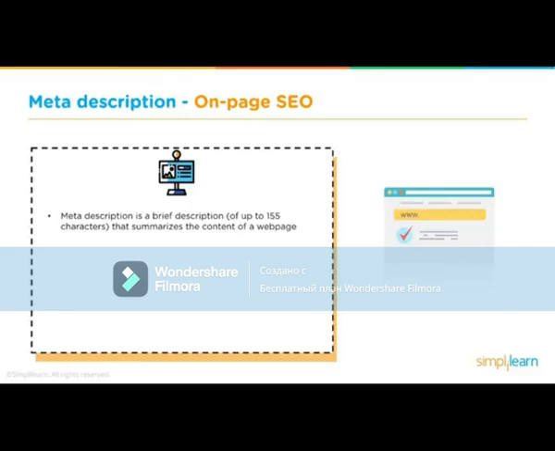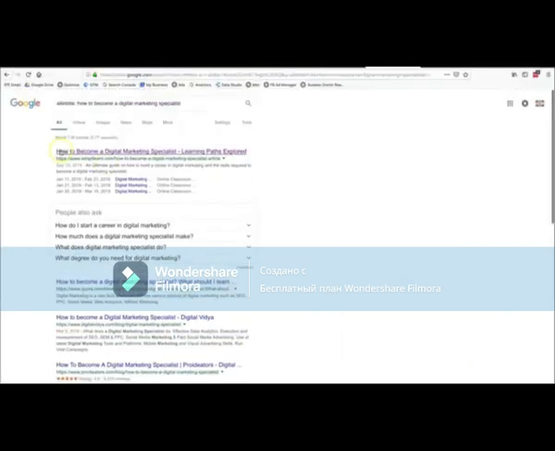So if I go back to my Google search results, I see my title tag and I see the page that this particular listing belongs to. And underneath that is where I can see my meta description. So in this particular keyword query, how to become a digital marketing specialist, I see the meta description, an ultimate guide on how to build a career in digital marketing and the skills required to become a digital marketing specialist.